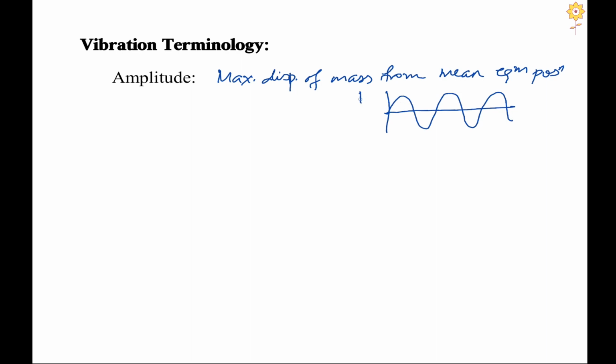This is the displacement, say denoted by x as a function of time, and this is the time. So in any one cycle I am having the maximum displacement of the mass, that is called as the amplitude. Let us say it A.